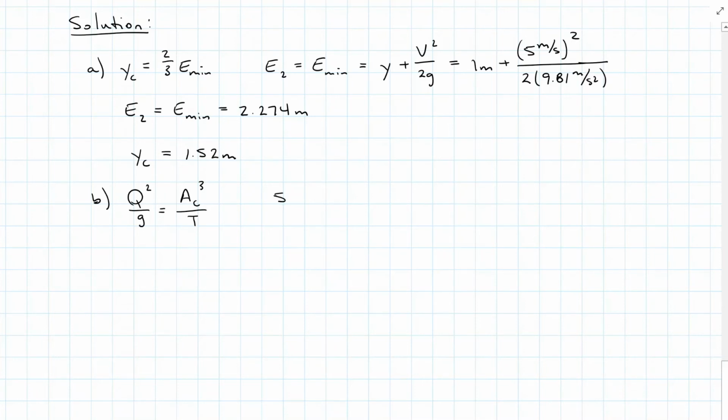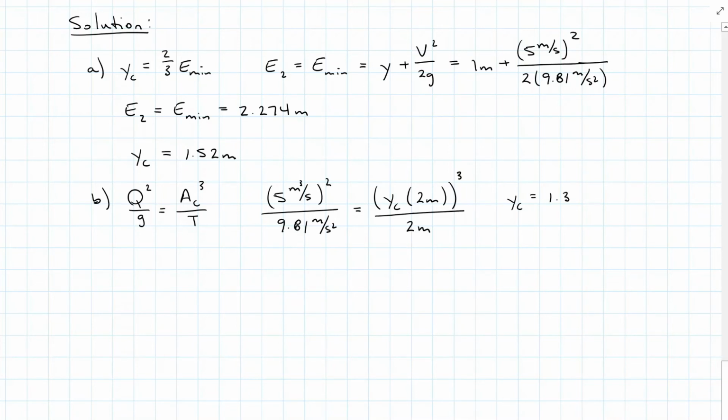So that's going to be 5 meters per second squared all over gravity is equal to the critical area all over the channel width. Solving for y critical, we get this to be 1.37 meters.